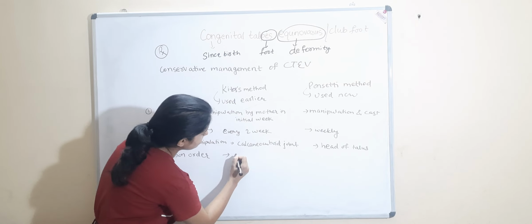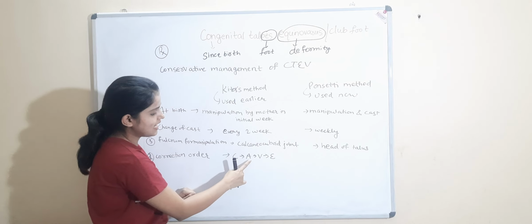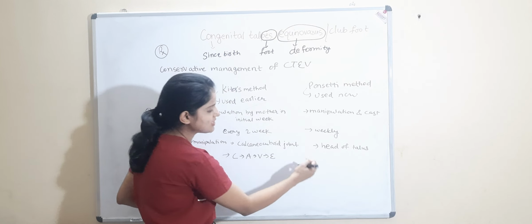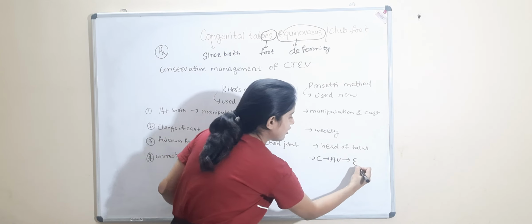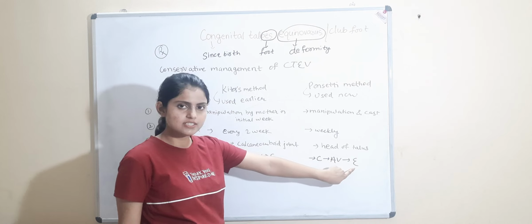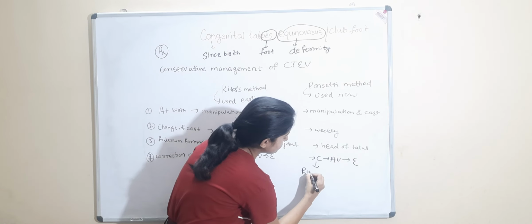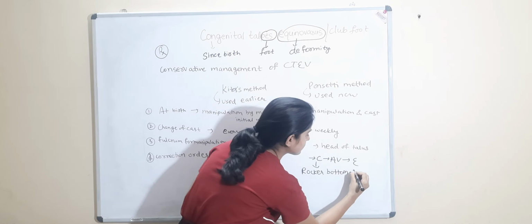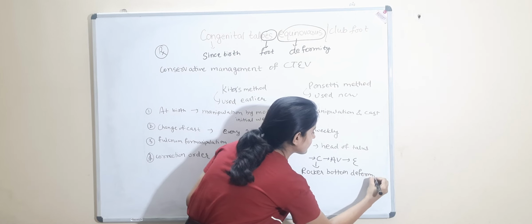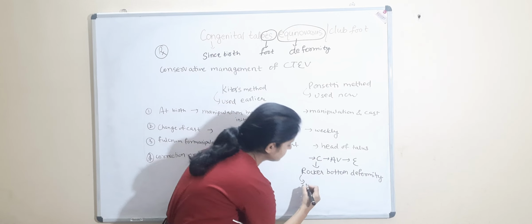So in Kite's method, CAVE: firstly cavus is corrected, then adduction, then varus, then equinus. But in Ponseti method, firstly cavus is corrected, then adduction and varus are corrected simultaneously, and at last equinus is corrected. If this pattern is not followed, then it causes rocker bottom deformity. In this, correction occurs at mid-tarsal joint instead of head of talus.